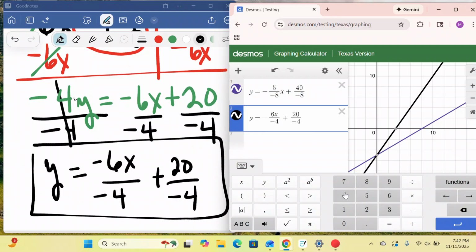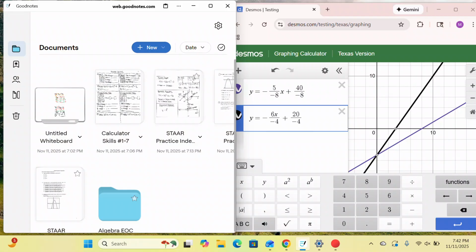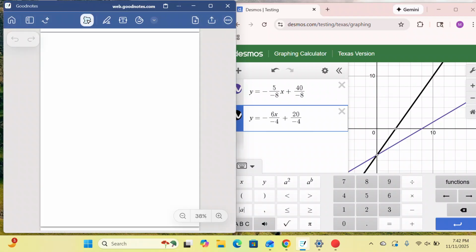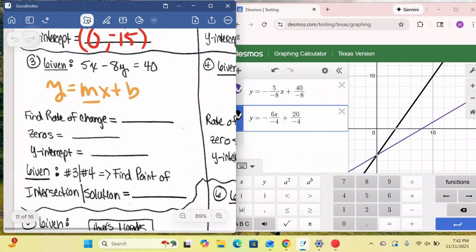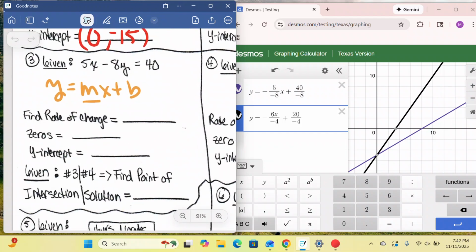And that gives me our linear equation in black. And I have mine in purple. So again, I have my two linear equations. And I'm going to go ahead and answer my questions. Now that I've done the implicit equation and transformed it into y equals mx plus b, I can answer all my questions through my calculator skills. I already have it in y equals mx plus b. So on number 3, I'm going to find my rate of change.